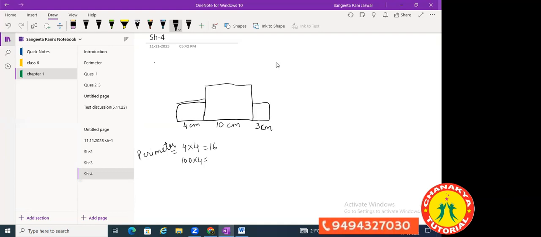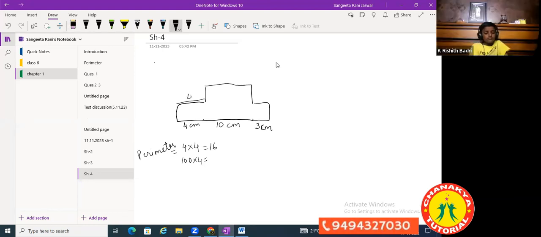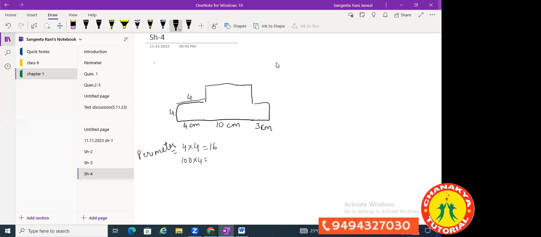Wait. Listen here. We need to find the perimeter of this figure. Now see, when you do the perimeter of this figure, this part will be gone. This part is not in the picture. Okay, you got it? Yes, ma'am. So when you are finding, you have this side 4 centimeters, this side 4, this 4, this 10, this 3, then this 3, then this 3, then this much complete was 10.